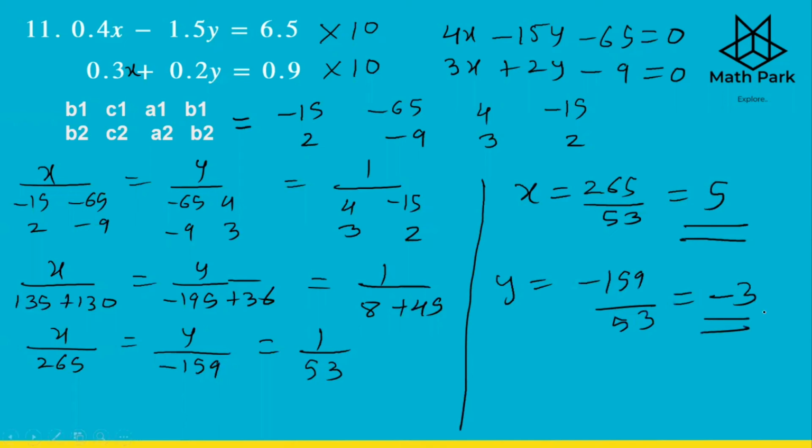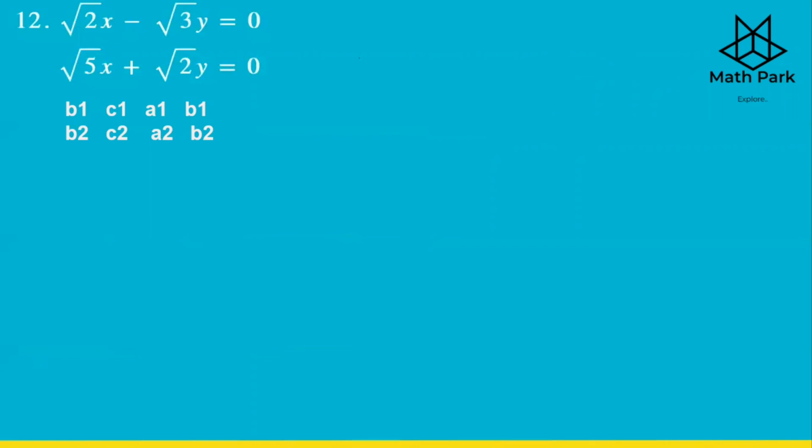The last question of this exercise, and it's the easiest one. The last one is the easy one. Directly we can see that the value of x and y is going to be 0. So compare the coefficients. I'm now going to write in the form of ax plus by plus c is equal to 0. Minus 0 is going to be 0. So we have b1 is minus root 3 and b2 is root 2, and c1, c2 is going to be 0 and 0. a1, a2 is going to be root 2 and root 5 here, and again minus root 3 and root 2.